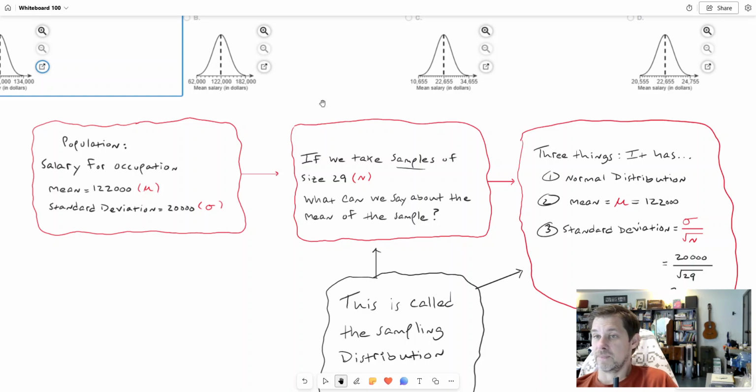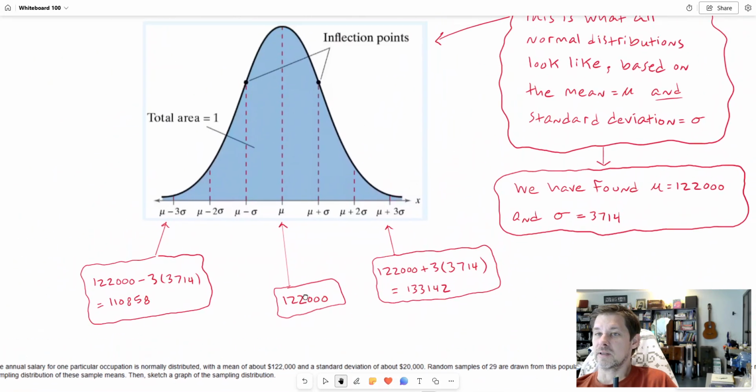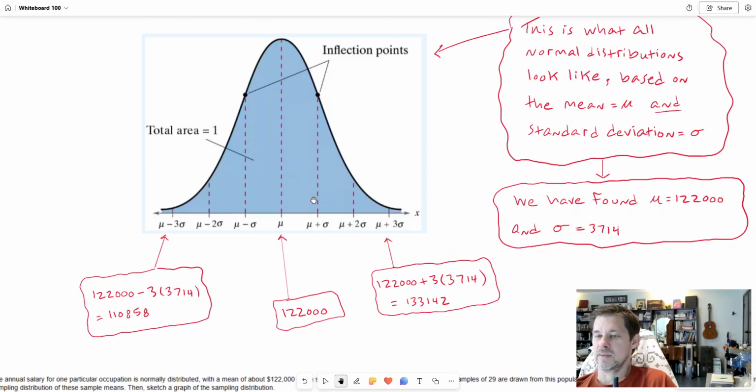Now, all of these look like normal distributions. Normal distributions look this way. They're symmetric, so it's also called a bell curve. Maybe you can see why you might call it a bell curve. This peak, this highest point, is located where the mean is. And by the time you get 3 standard deviations away, you've covered basically the whole curve.